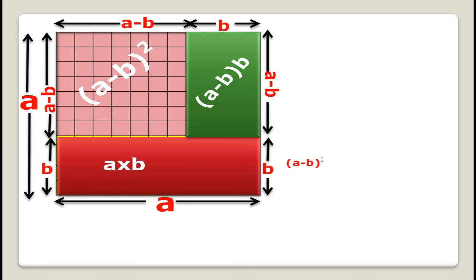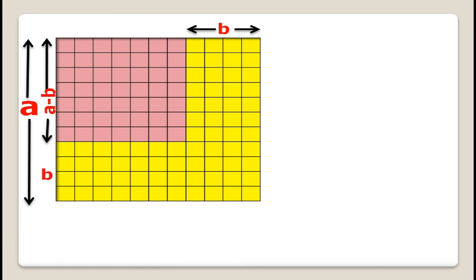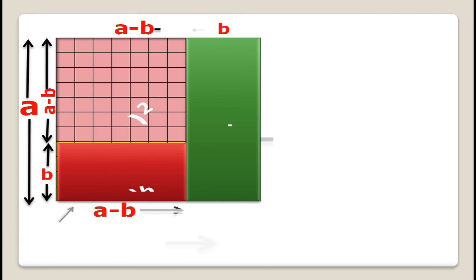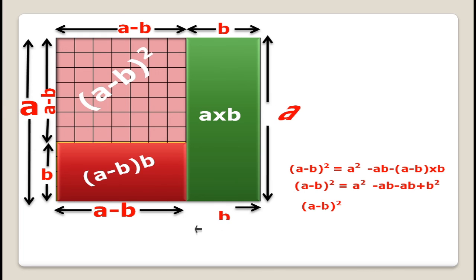When we try to find (a minus b) whole square by extracting b from a, we get two rectangles in the first configuration: a by b, first rectangle, and second is of size (a minus b) into b. In the second arrangement we get two rectangles, first is of side (a minus b) into b and second is of a into b, just a shift of arrangement or nothing else.